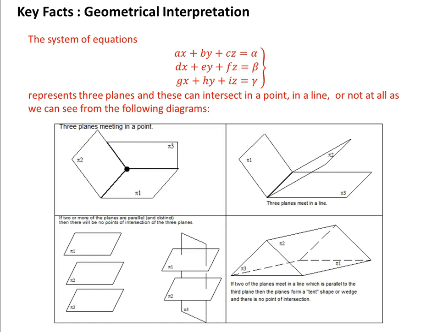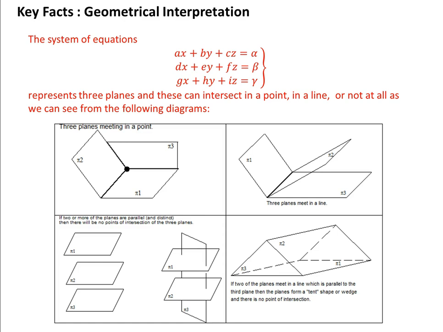Geometrically, each of the equations ax + by + cz = alpha, dx + ey + fz = beta, and gx + hy + iz = gamma represents a plane in three-dimensional space.